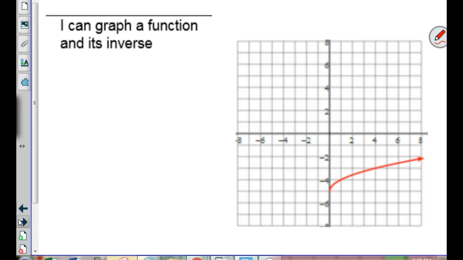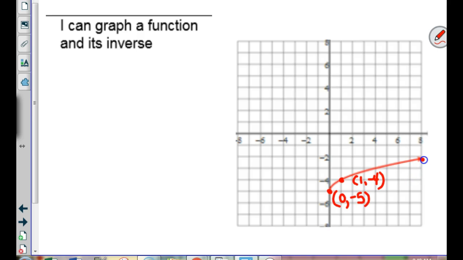Okay. All right. How do you graph? I graph the function for you on the quiz. How do you graph the inverse? Yes, you exchange all the x's and y's. So if this ordered pair here is 0, negative 5, this one appears to be 1, negative 4.